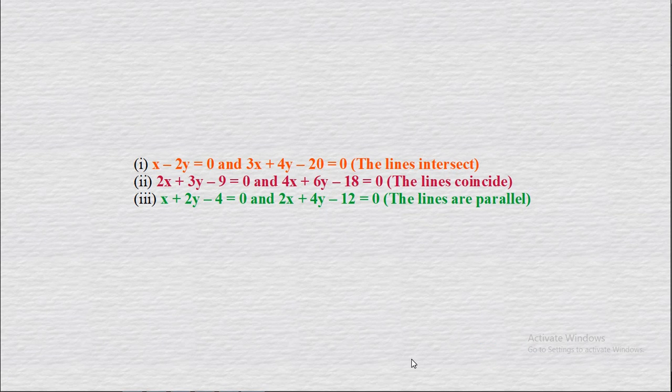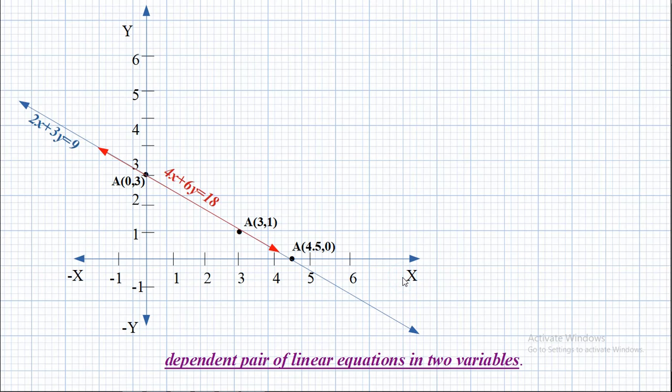This type of pair of linear equations is called a consistent pair of linear equations. The next example was 2x plus 3y minus 9 equal to 0 and 4x plus 6y minus 18 equal to 0, and the graph was like this. The two lines representing the two linear equations were coinciding.